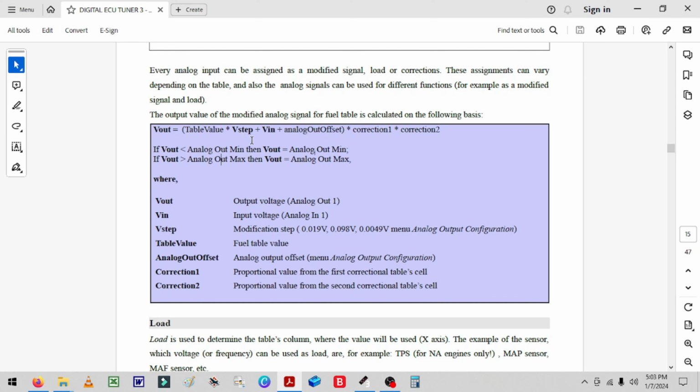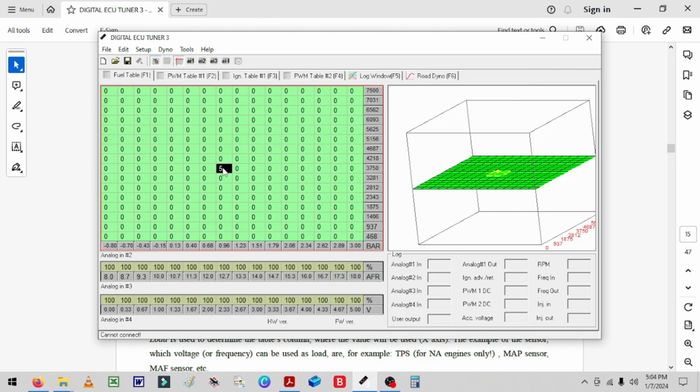Voltage in is input voltage from analog 1. Voltage step, table value, analog offset, proportion, and so forth, correction. So it's just letting you know there's a computation that gives you your fuel at that moment in time, or in this case in load and in RPM.